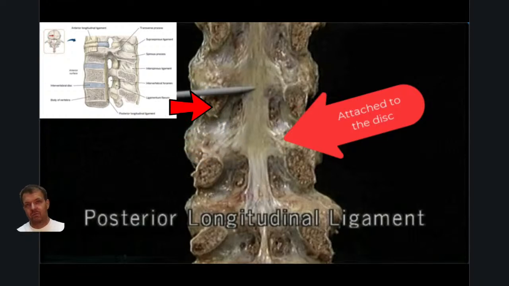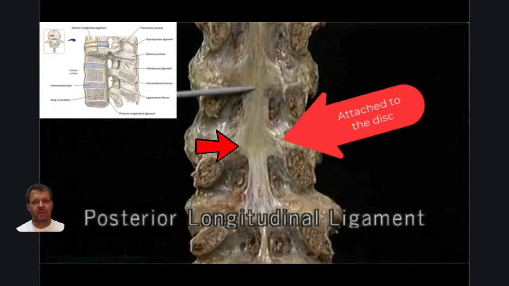If we have a look there, we've got the pedicle, and that is where your neural foramina is. So that's the opening for the nerves. So if the disc is pushed to the side, then it's going to compromise one side of the nerves, rather than coming centrally and affecting everything below.